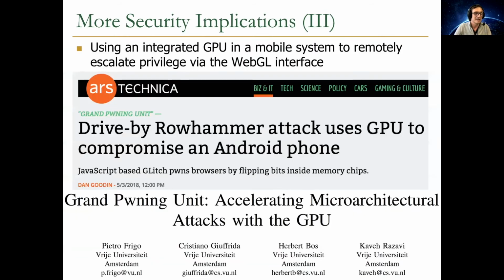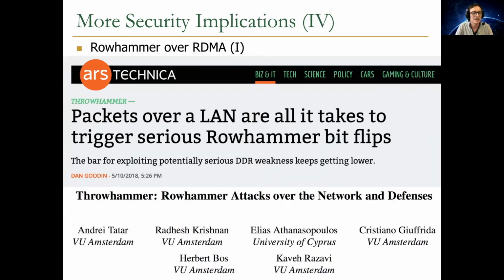And some similar folks show that you could do these attacks much faster using GPUs. GPUs are something we're going to talk about later on in this course also. These are massively parallel machines. You will see that they're very fast, and they can enable much faster hammering of the rows.